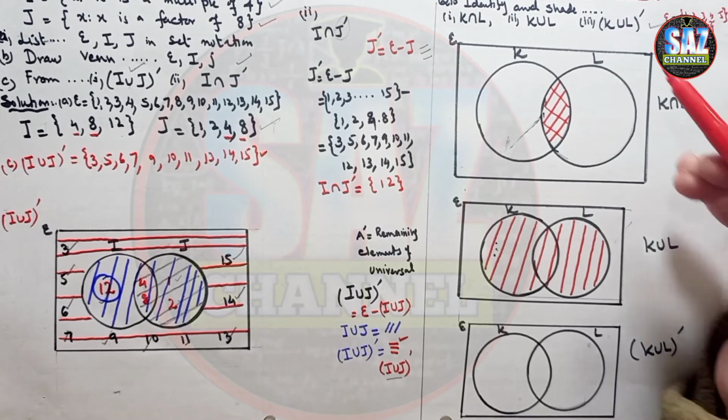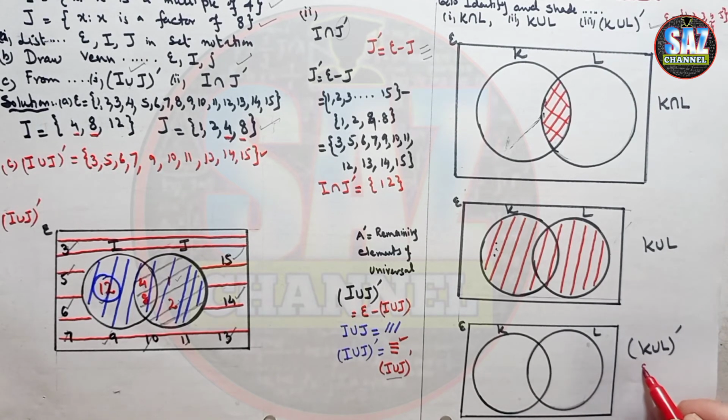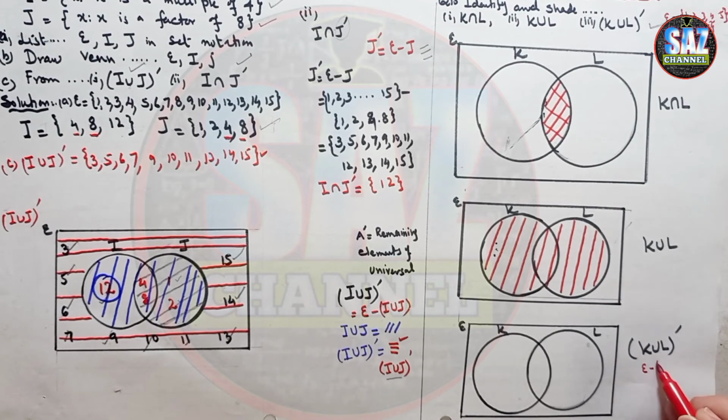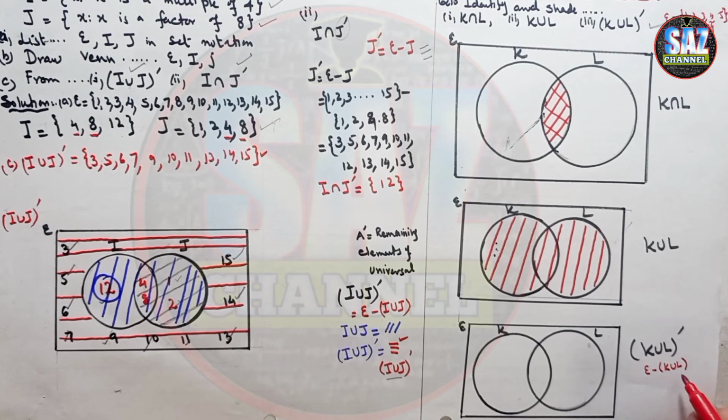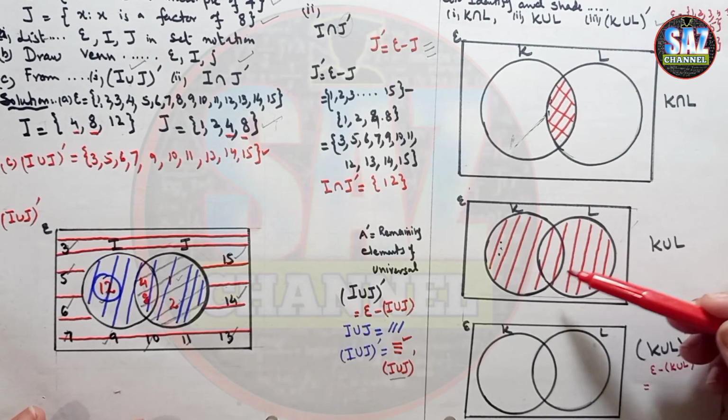And now moving to K union L whole complement. As we know, the complement means the difference of that set from universal. It means I have to discard K union L from universal, meaning whatever elements are left in the universal after taking the union. Now if we look, the union is containing both the sets.